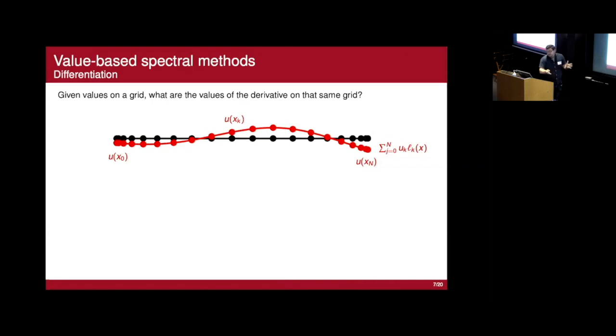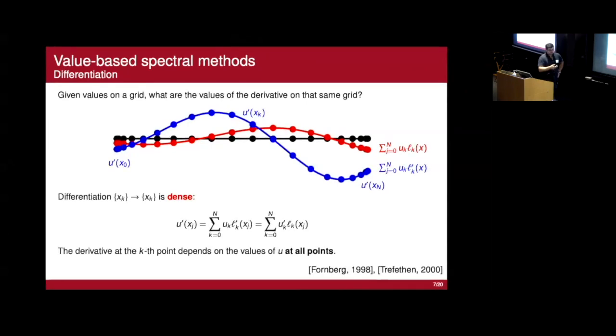And because we're in value space, I'm representing this red curve as just the interpolant through all of these red points, which is just the representation from the last slide, the sum of the values times the Lagrange polynomials. And once we have this representation, you can take a derivative quite easily.